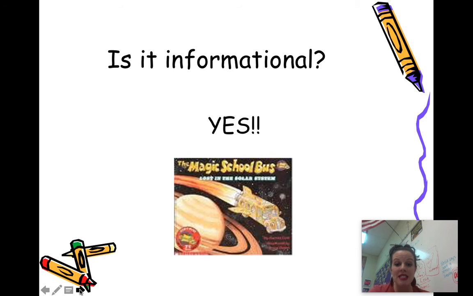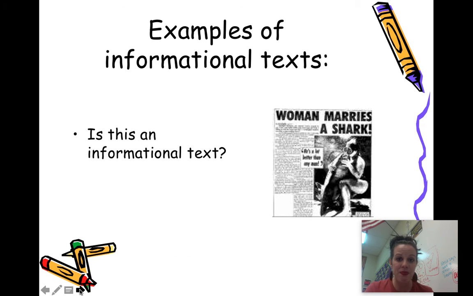The Magic School Bus Lost in the Solar System is an informational text because it uses some fiction parts like the pictures and the flying bus. And it uses some fiction parts to teach real information about the solar system. And when you look at those books, there's lots of facts.